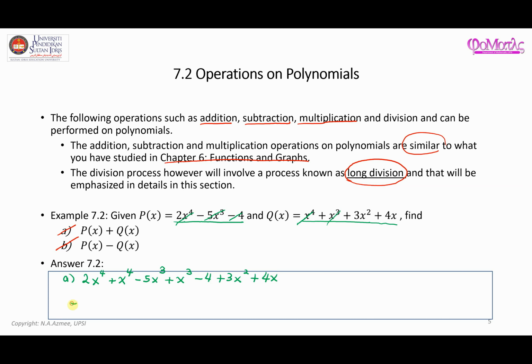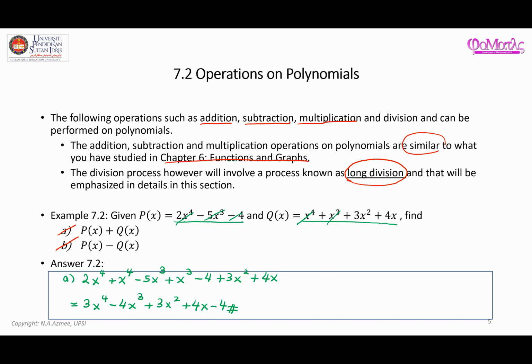Simplifying, it will be 3x to the power of 4 minus 4x cubed. I'm going to rearrange this expression in a nicer order: plus 3x squared plus 4x minus 4, and that's the answer.